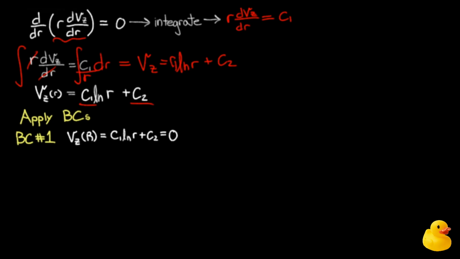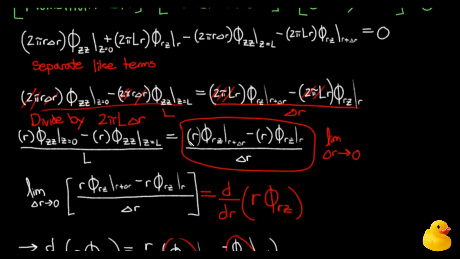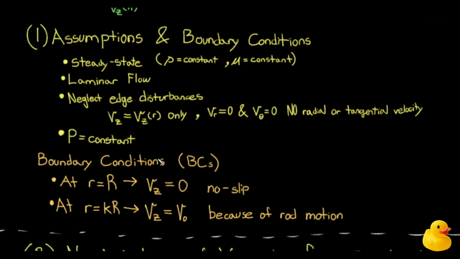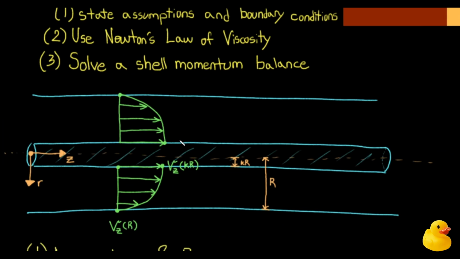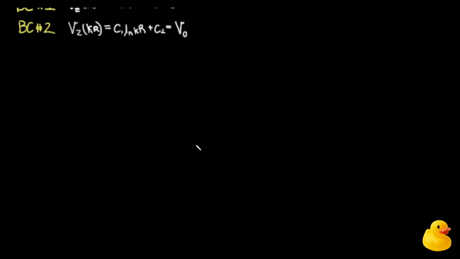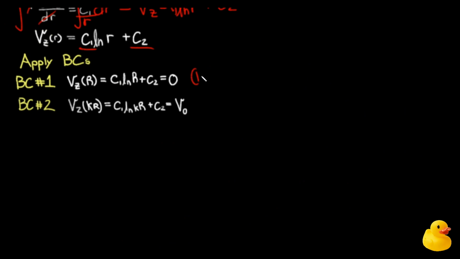Now the second boundary condition, we know that at a radius of kr, the velocity is v naught. And just to show you real quick, that's from our drawing here. It is 0, and then here it is v naught. Okay, back to our problem. So this will be equation 1, and this will be equation 2.